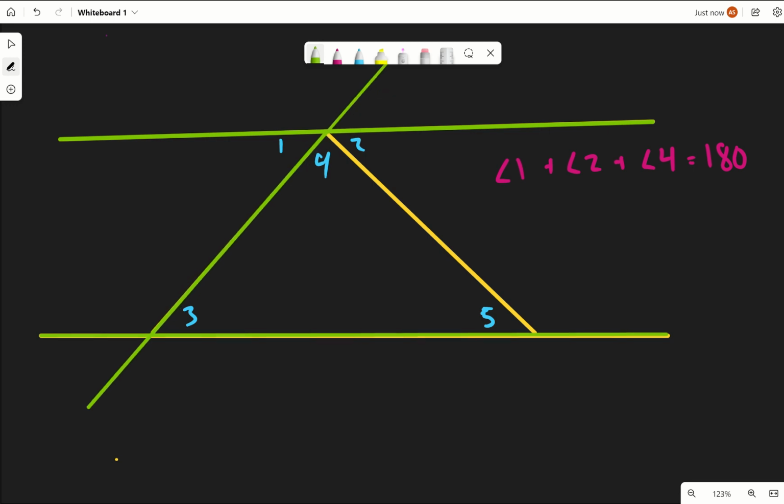And let's look at our relationship between angle 1 and angle 3. What kind of relationship is there between angle 1 and angle 3? What would we say about these angles? Yes, these angles are alternate interior angles, which means angle 1 is equal to angle 3.